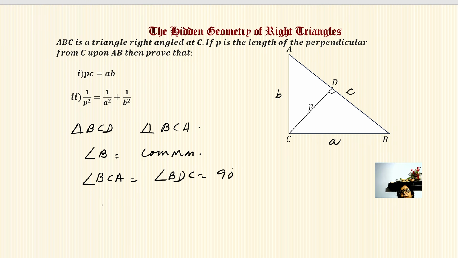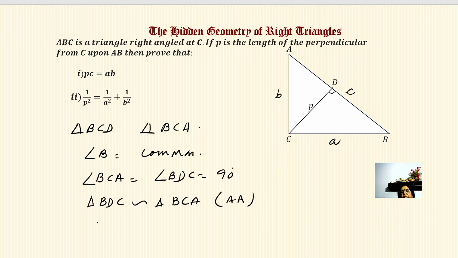So now we get here the triangle BDC is similar to triangle BCA by angle criteria. These two are similar by AA criteria. BDC is similar to BCA.